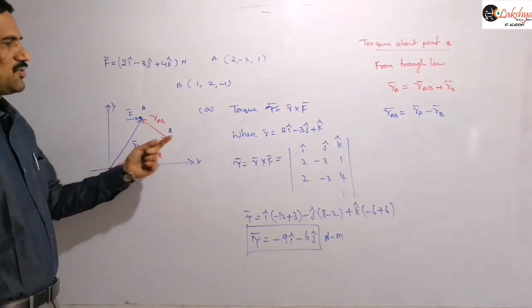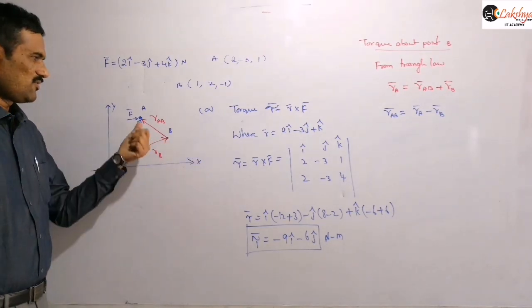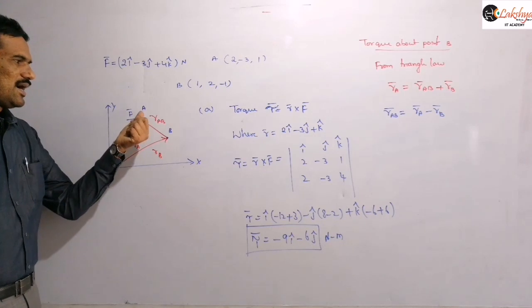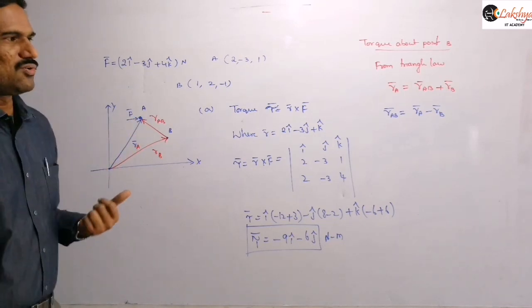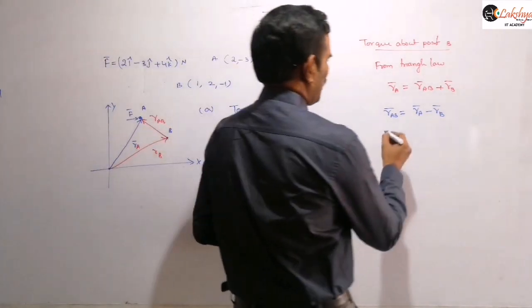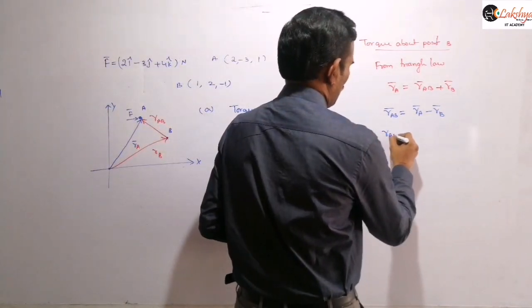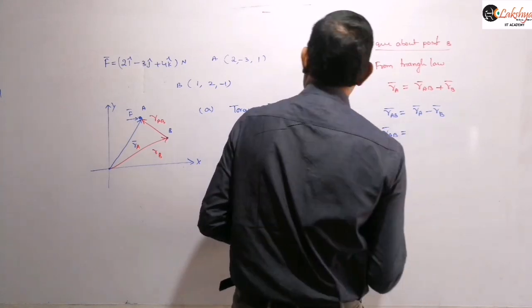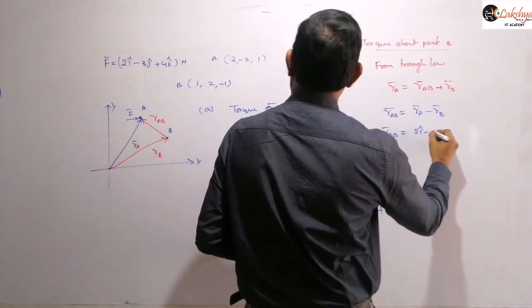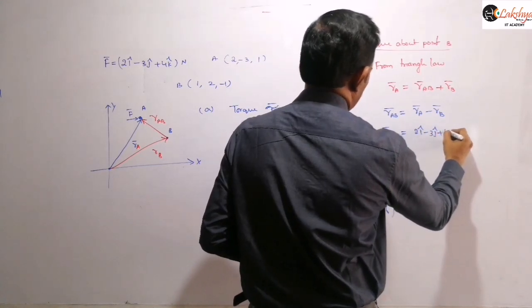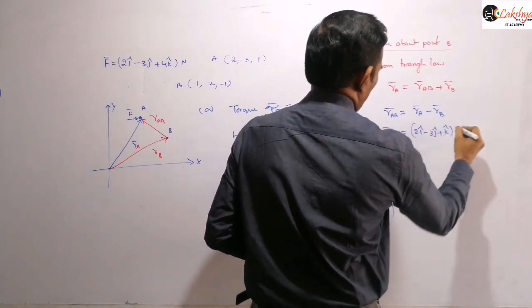Even with respect to origin also, actually that is the meaning only. If you are writing with respect to origin, RA bar minus R0 bar we need to write. R0 bar means that is 0, 0, 0. So then you can substitute these values now. RAB bar is equal to, now RA means 2i cap minus 3j cap plus k cap, minus RB bar.